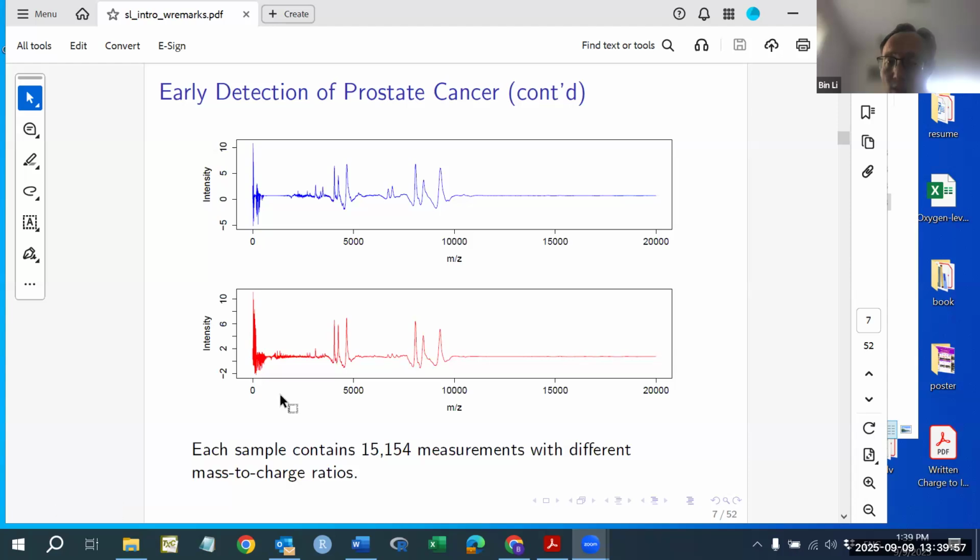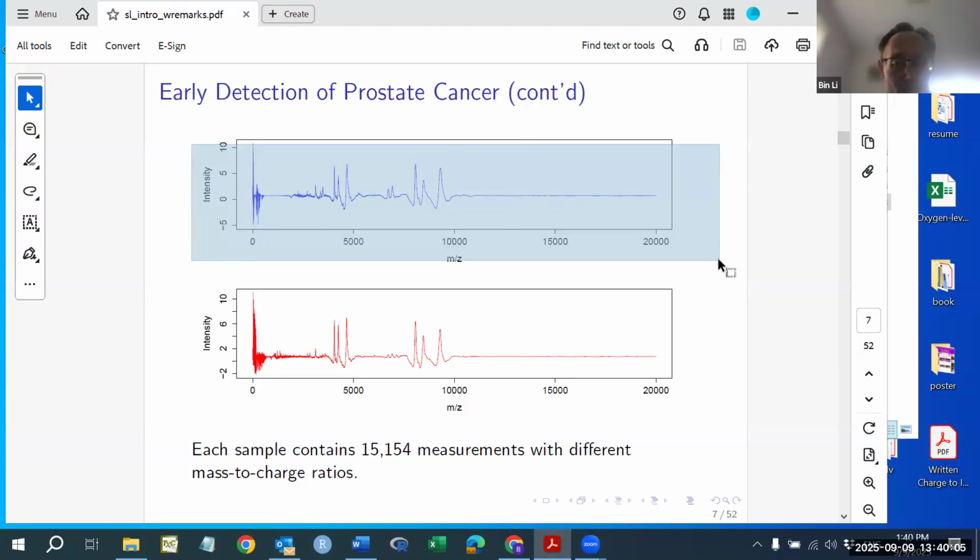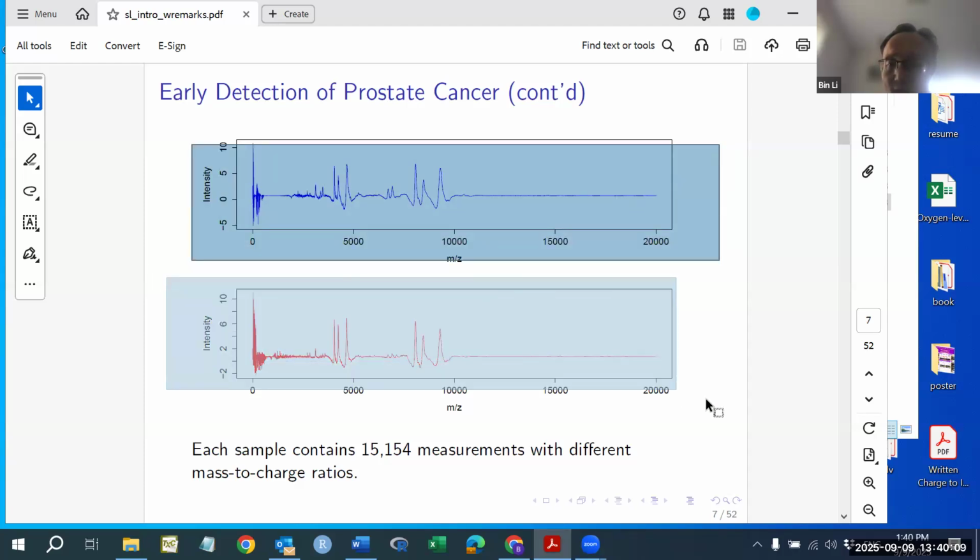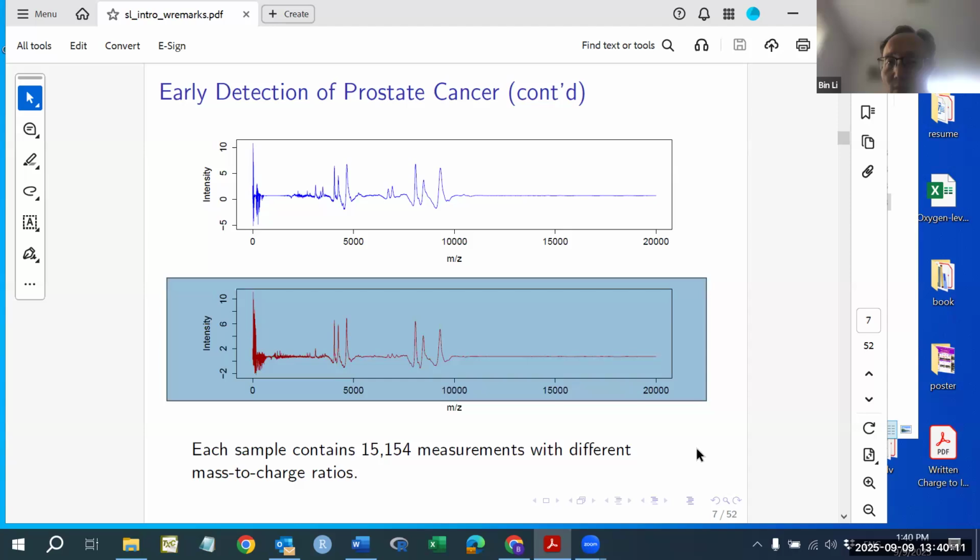These are the mass spectra for 2 patients. The blue one is from normal patients who have no prostate cancer, but the red one is the mass spectrum for a patient that has prostate cancer.